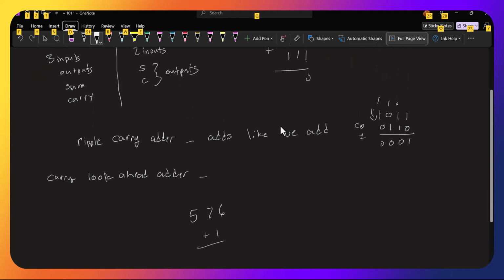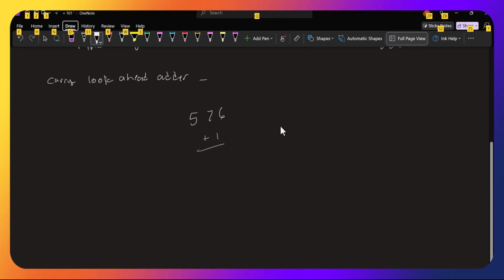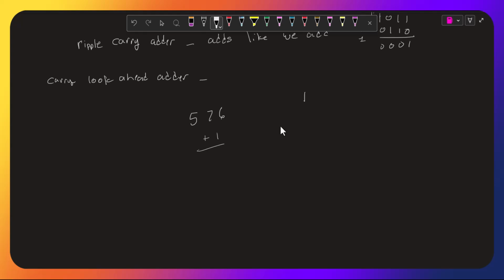And so the way I like to do any kind of coding is think of examples. If I wanted to increment this number right here, I would add 1 to it. So let's see how that works. I would add 1 to my first bit, and then I will have a carry, and I'll add that carry to the second bit.